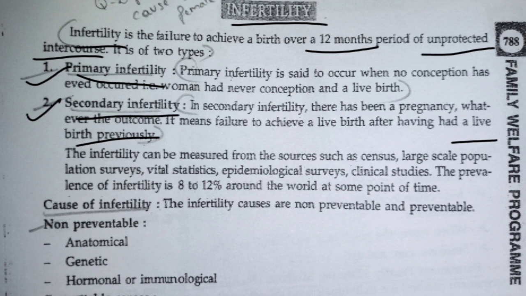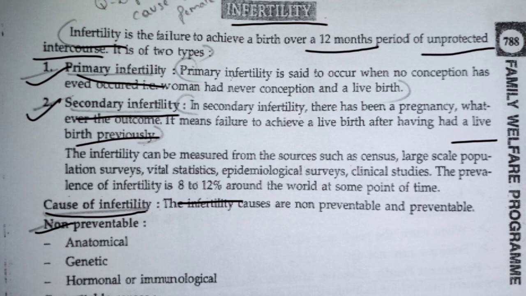That is secondary infertility. According to the census, almost 8 to 12% of women in this world are suffering from infertility, and the causes are of two kinds, non-preventable and preventable. Non-preventable means if a woman gets an infertility condition because of these causes, then we can't cure it.